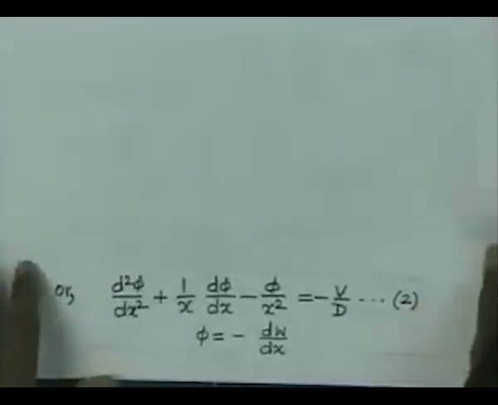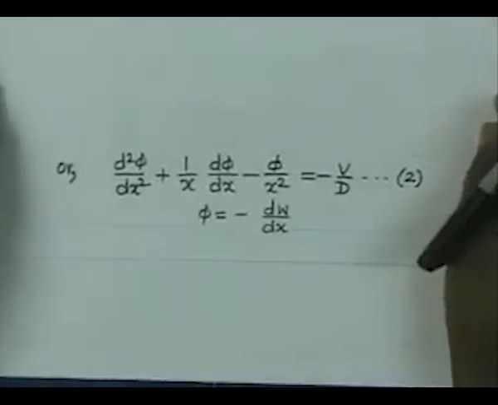So, we will continue our discussion on bending of circular plates subjected to axisymmetric loading. We have already seen certain points, so let us just look at them once again.